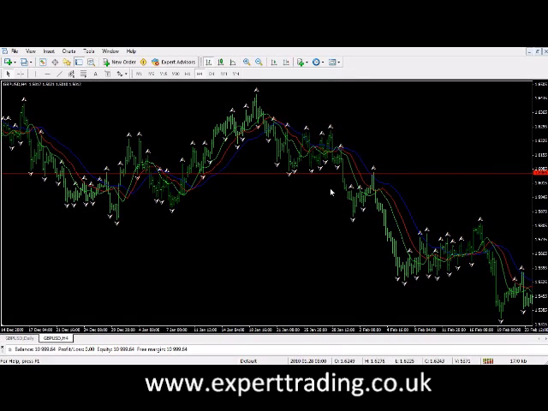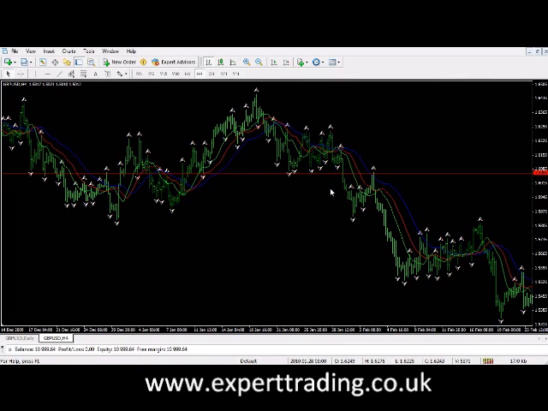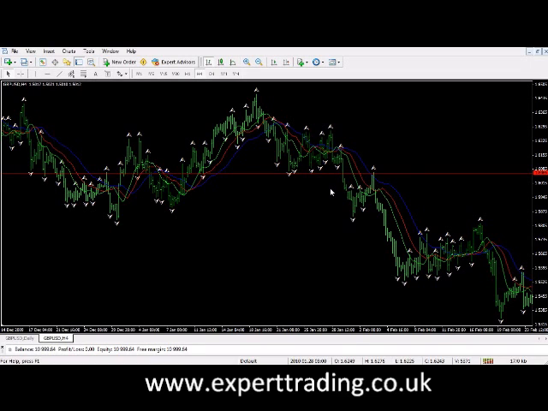We wait for the bar to close below the fractal. If it doesn't close below the fractal, we've got no trade, even though it signaled. This would save you a whole load of false signals and false trades. You want to wait till the bar closes below the fractal.